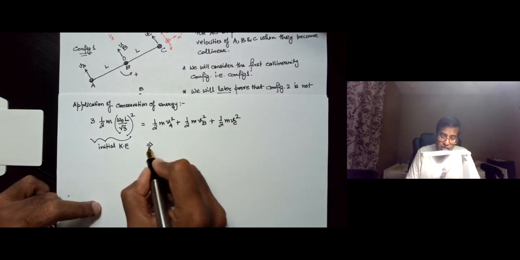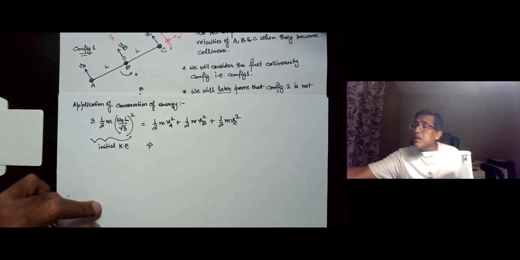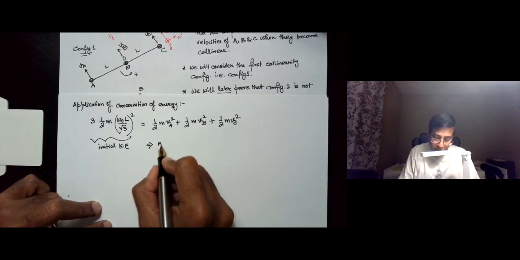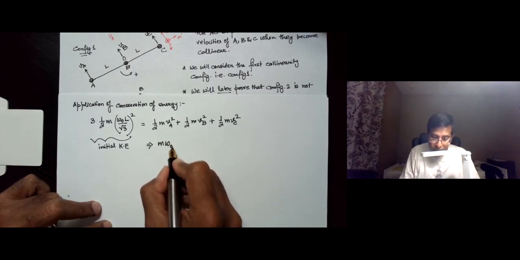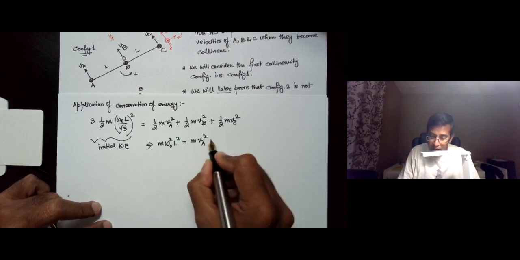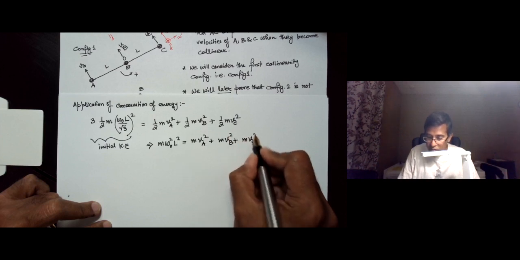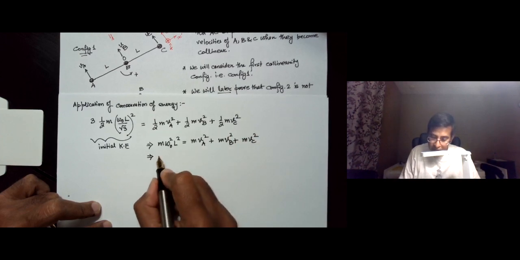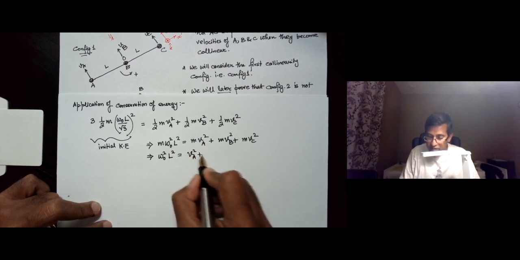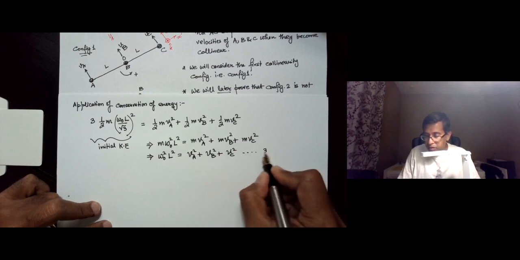We can now simplify this, and we will have m omega naught squared L squared equal to m Va squared plus m Vb squared plus m Vc squared, which gives omega naught squared L squared equal to Va squared plus Vb squared plus Vc squared. So this is our equation 3.